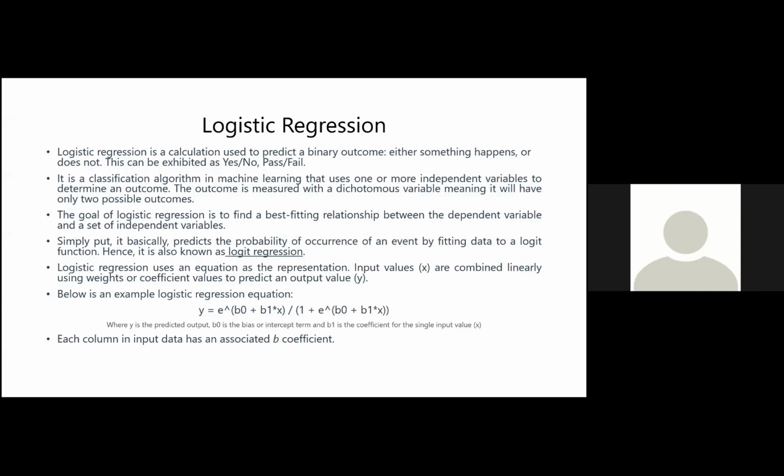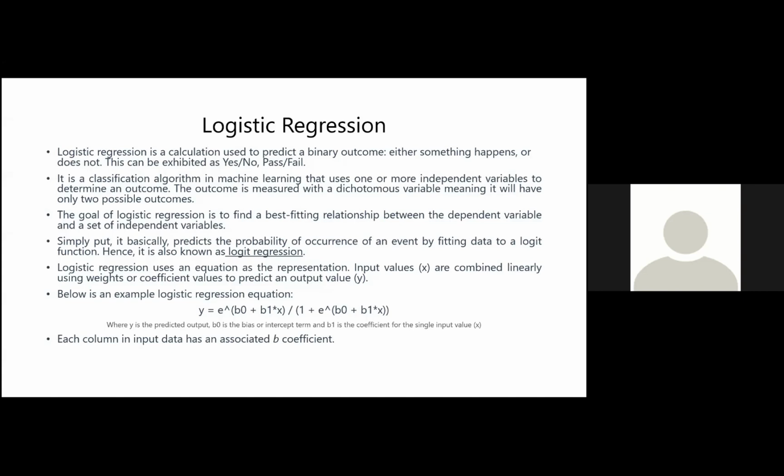It's a machine learning technique that uses one or more independent variables to determine an outcome. This is the most widely used algorithm in real time, which identifies if a point belongs to class A or class B, class C or class D, and so on.